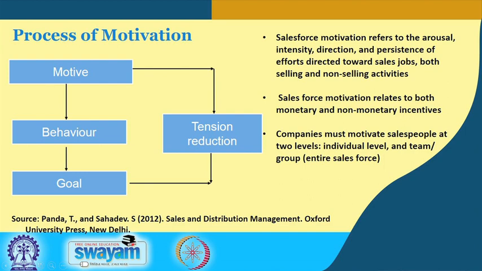So the motive here is that, as a target is set, he would be motivated to achieve that goal only when there are incentives attached to it, and he would put in all kinds of efforts to get the sale or the target. The motive will lead to behavior on his part to put in a huge amount of effort, to call upon customers and prospects, make presentations, give demonstrations, and close the sale.